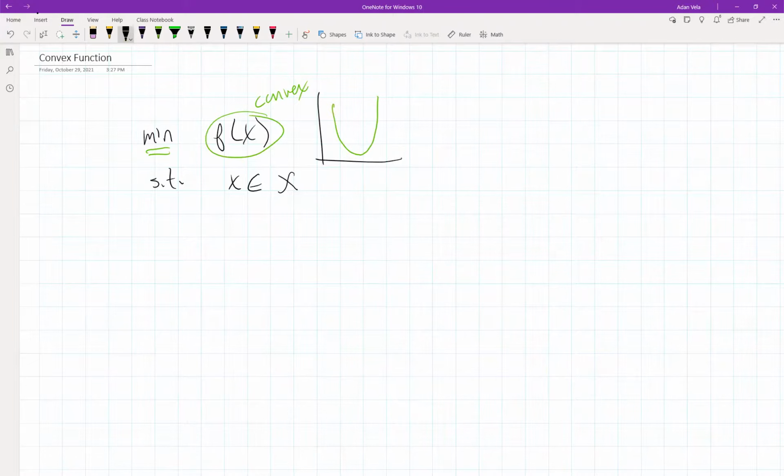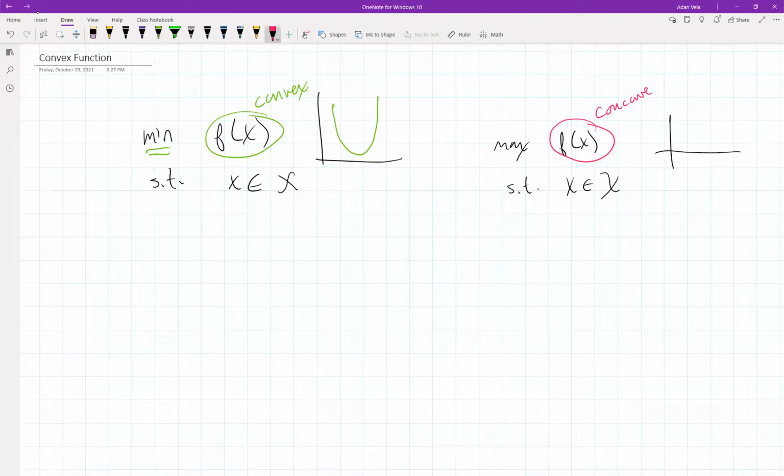Now, if we're doing a maximize problem, we actually want a concave function. Right? A concave function is just an upside down bowl, more or less, right? So it looks like that. It just flipped in the other direction.